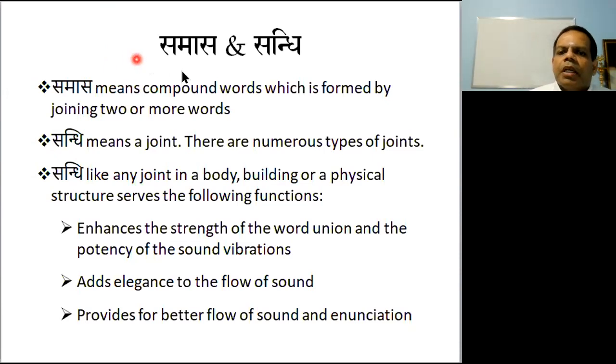Okay. The first word which I want you to come to understand is called Samasa. The second one is Sandhi. So first let's say, what is this Samasa?